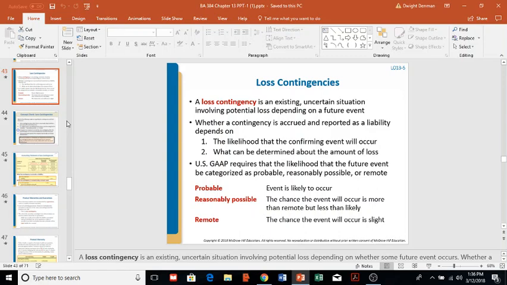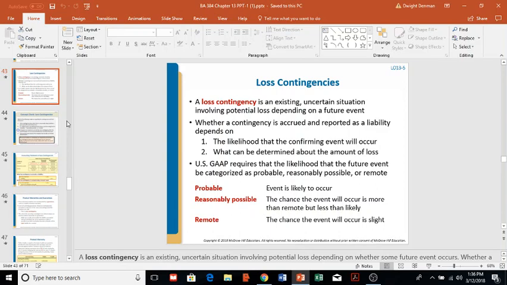It's an existing uncertain situation, so the event that gives rise to the loss contingency has already occurred, and the amount of potential loss depends on some future event.